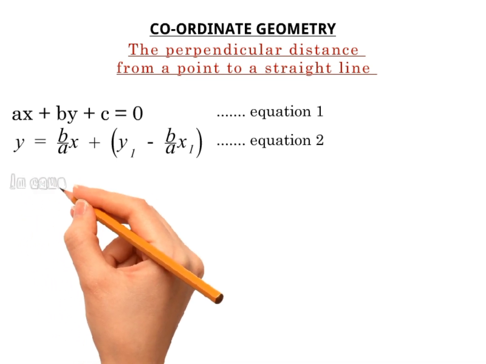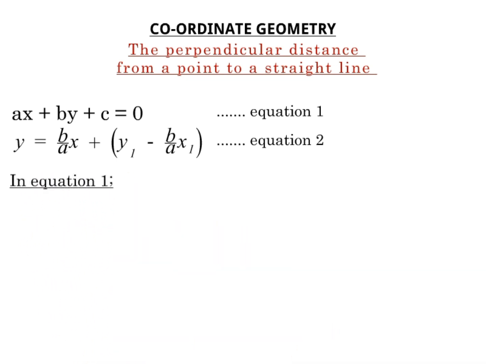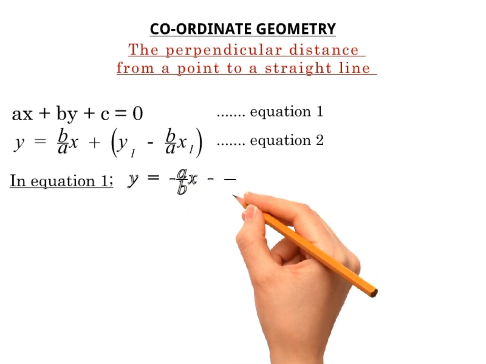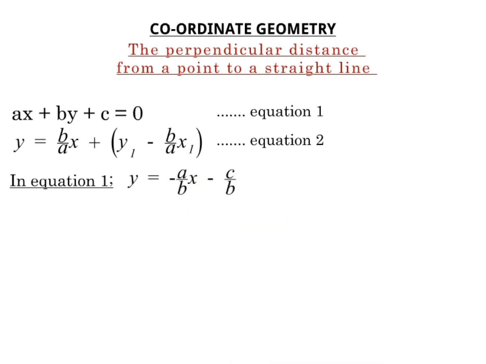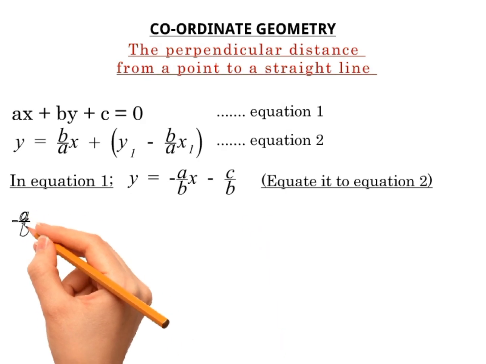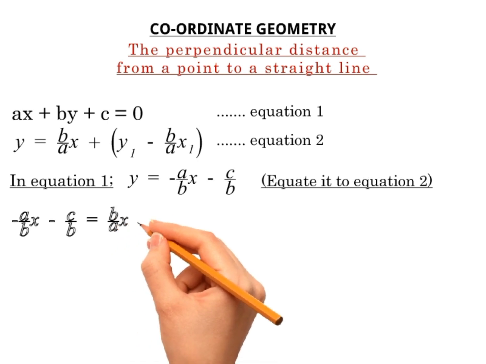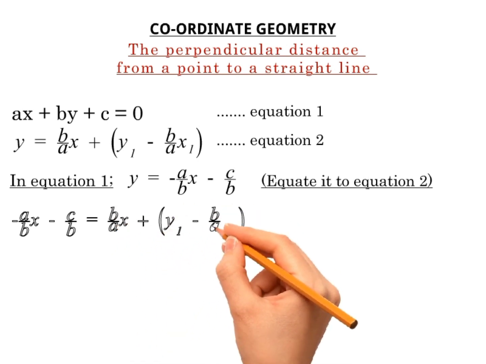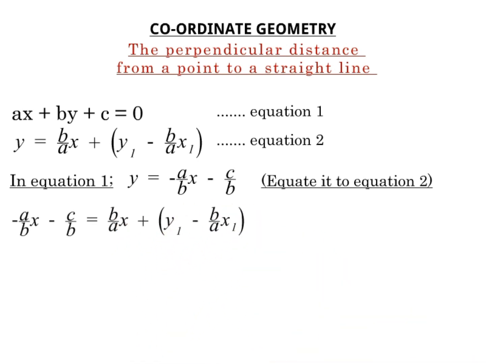Make y the subject of formula in the first, and substitute it in equation 2. So, y equals minus a over b x minus c over b. We can now equate this to equation 2: minus a over b x minus c over b equals b over a x plus y1 minus b over a x1.